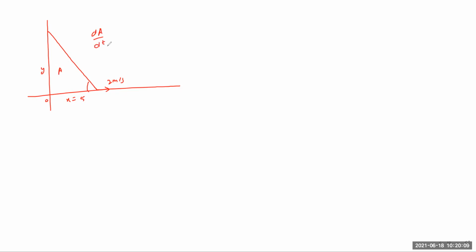So we got the answer by the really long method, if you remember, but we could have got the answer much more easily. If I call this angle theta, then I can write area as half base into height. But I can write x as L cos theta, and y as L sin theta.